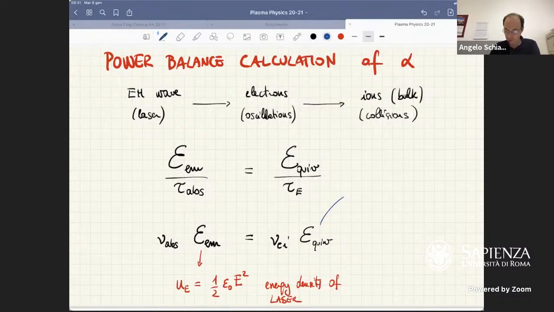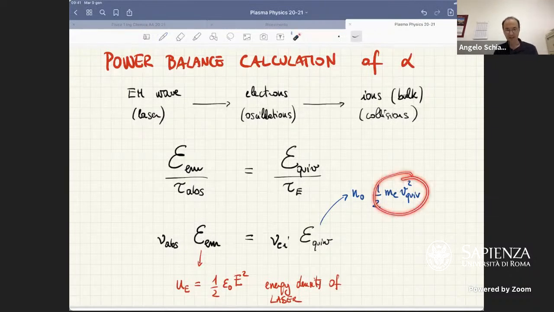The quivering would be the density of the bulk of the plasma, N0, which is just Ne, number of electrons, times the typical kinetic energy, 1/2 mass of the electron times the square of the quivering velocity. As you can see, this is a characteristic kinetic energy of the motion, and this is the density, expressing an energy density connected to the fact that the electrons are oscillating in the field of the laser.